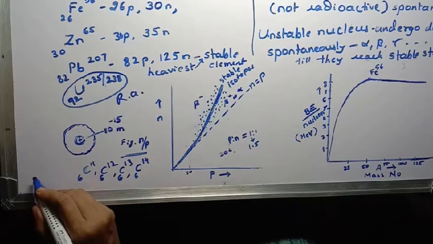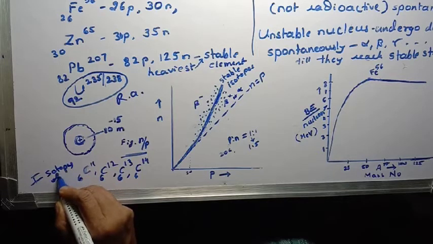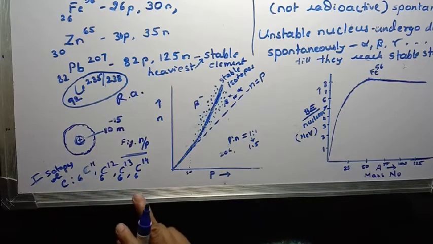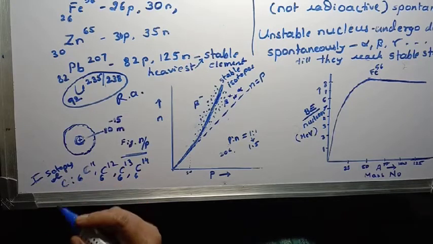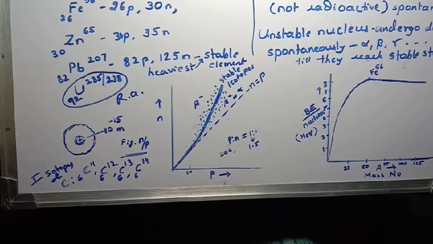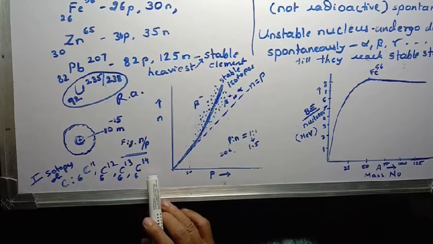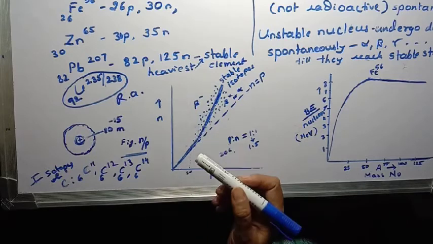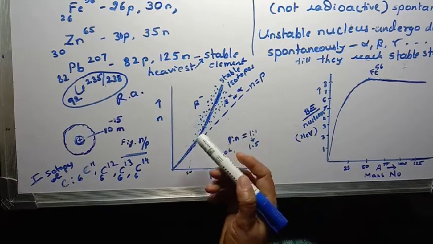These are said to be isotopes of carbon. All these carbons contain the same number of protons but different numbers of neutrons, and these are said to be isotopes.